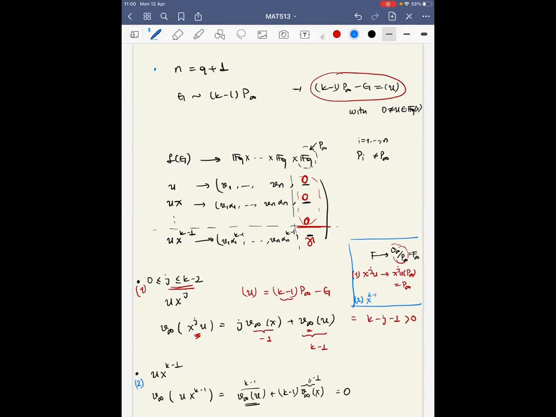The evaluation of x to the k minus 1 u at P infinity is gamma, and gamma is a non-zero constant from F_q, because P infinity is a rational place and this residue class field is isomorphic to F_q.